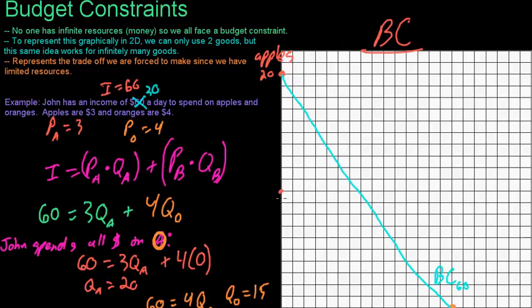And at most 30 divided by 4, which is the same thing as 15 divided by 2, will give us 7.5. So we'll go 1, 2, 3, 4, 5, 6, 7.5, and we're doing that in orange. So this will be John's budget constraint if he only has $30 to spend.